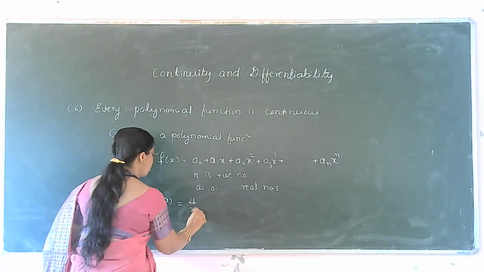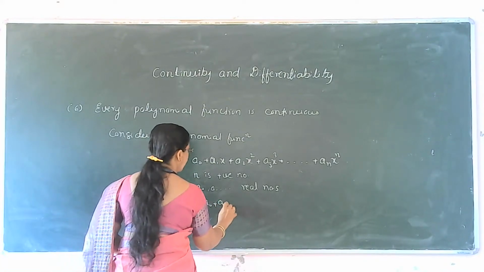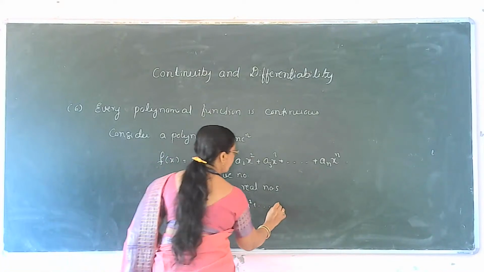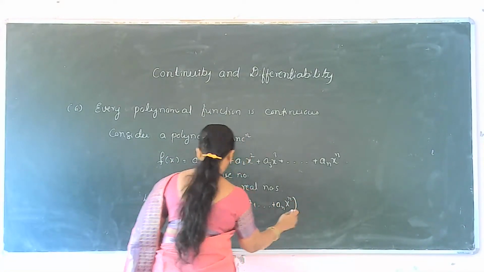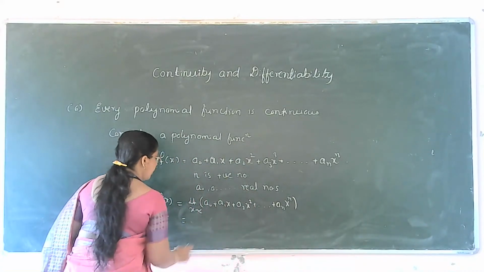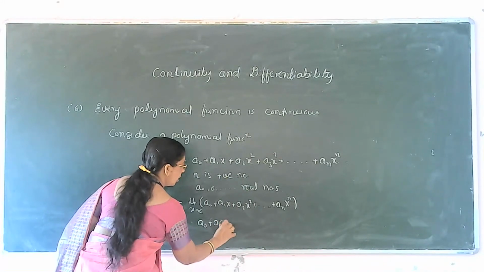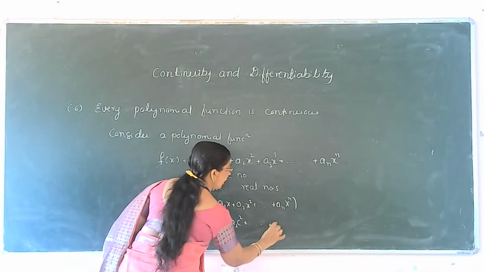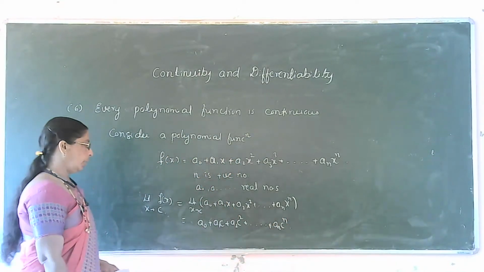Then take the limit of f of x as x tends to c, where c is any real number. The limit as x tends to c of a0 plus a1x plus a2x square up to plus an x to the power n gives a0 plus a1c plus a2c square up to plus an c to the power n.